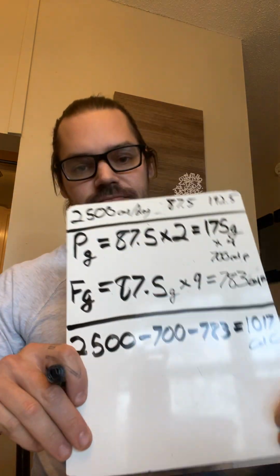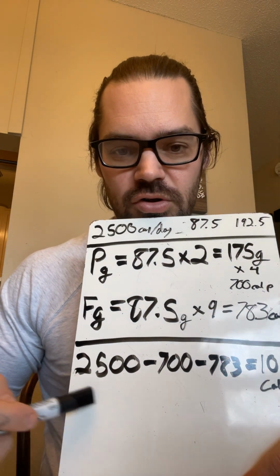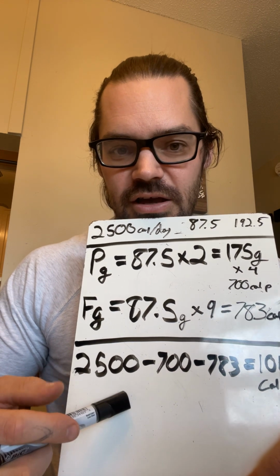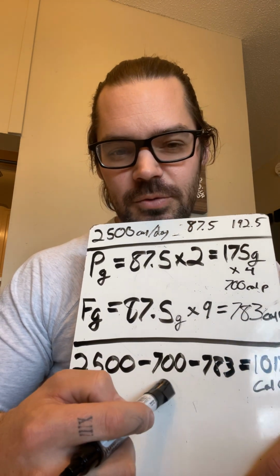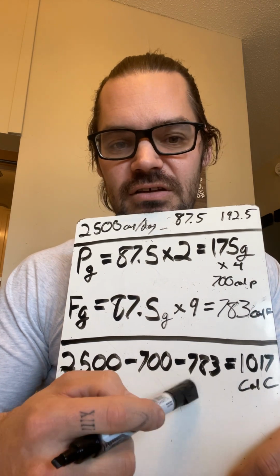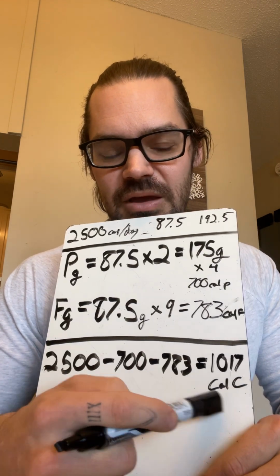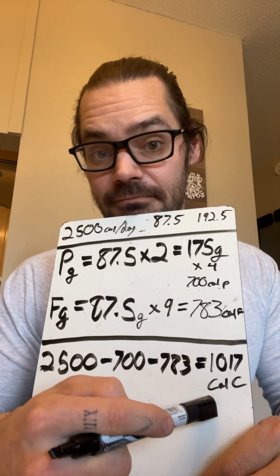I got 1017 calories from carbs. Total daily requirement needs that we calculated in step 1 minus calories from protein minus calories from fat is our remaining calories per day.